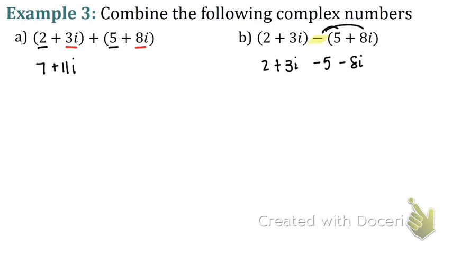So once again, I'm going to combine my like terms. I have 2 minus 5, that's -3. Then I have 3i minus 8i, that's -5i. So now that is our answer when we subtracted those two complex numbers.